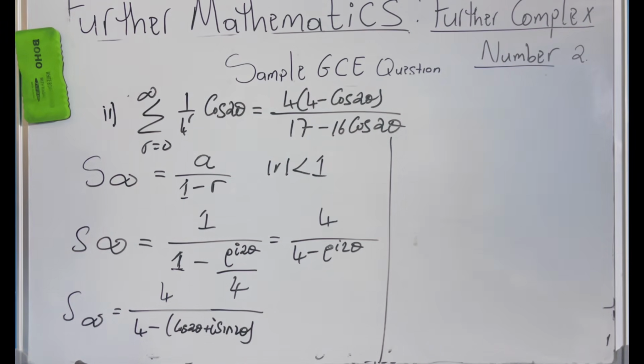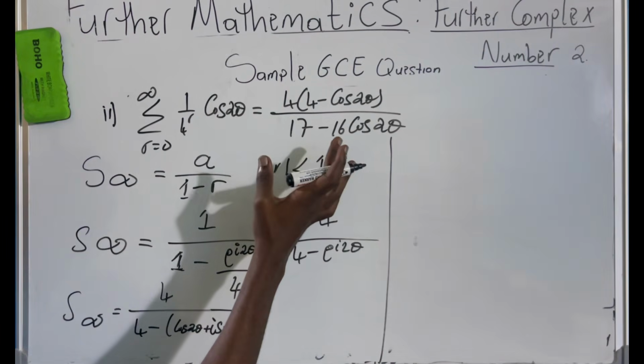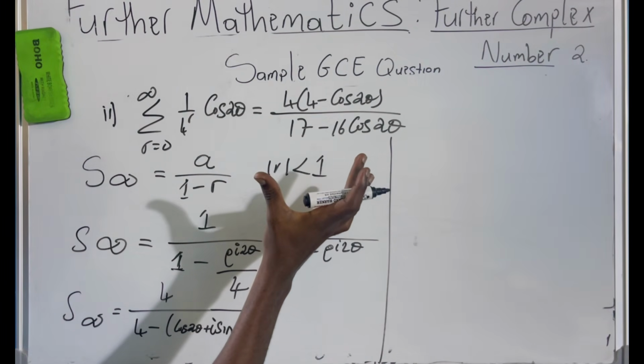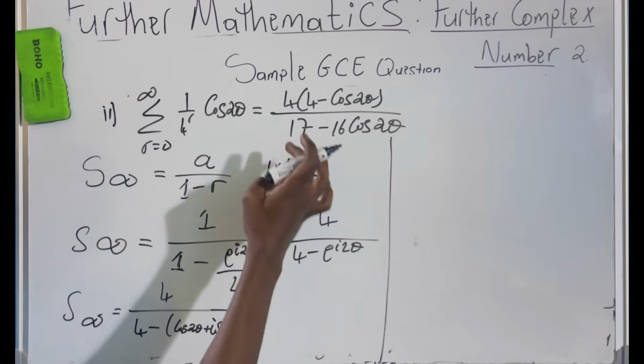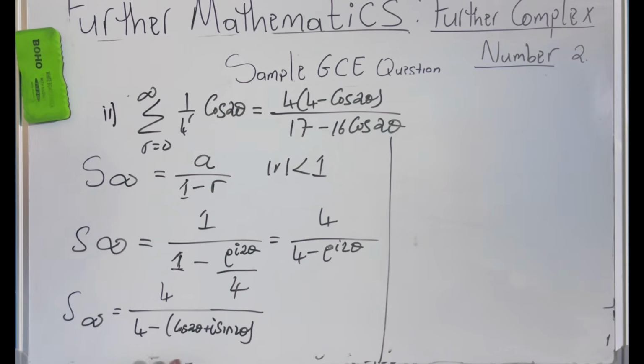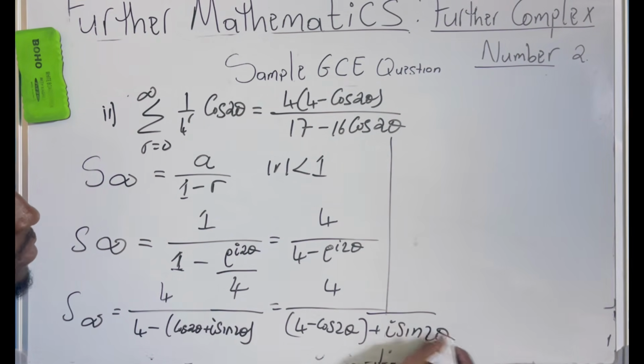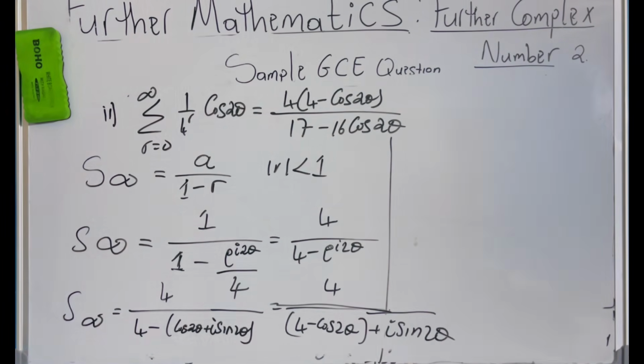Put together, so for the proof to come out, you can see that we are not wanting i in the denominator, so I should do the conjugate here. Let us arrange. I will have 4 minus cos 2 theta, then plus i sine 2 theta.